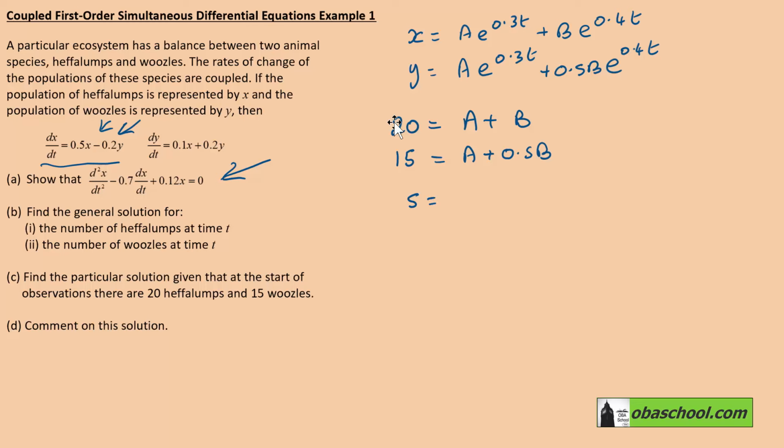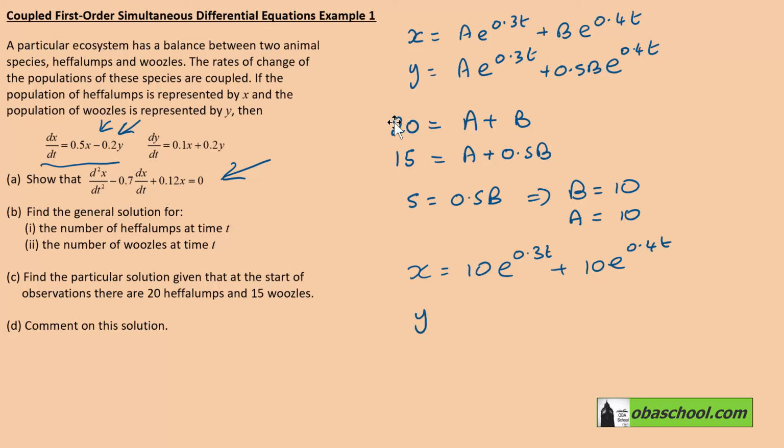Subtracting there, we get 5 is equal to 0.5b, which means that b is equal to 10. And then from the top one, a must be equal to 10. And so x is going to be 10e to the 0.3t plus 10e to the 0.4t. And y is equal to 10e to the 0.3t plus 5e to the 0.4t.